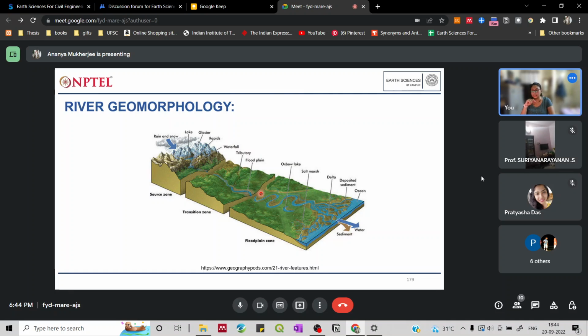It will start flowing along the easy path, the areas which are easier for the river to cut, even while maintaining the velocity that it currently has. Due to that you will have oxbow lakes, then you have salt marshes, and finally it will form deltas, and it will also deposit the other sediments that are present over here.